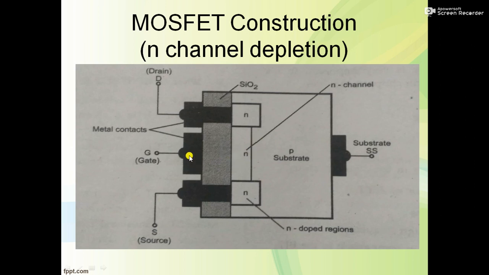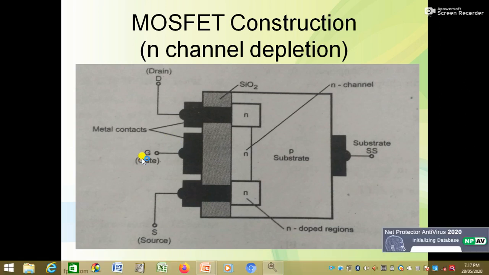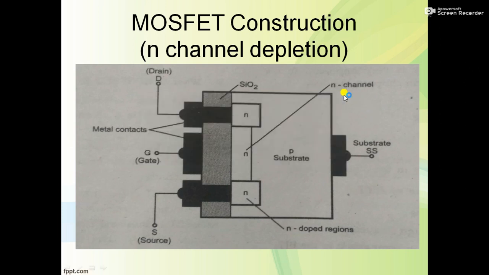One more important terminal of the MOSFET is the gate. This gate is also connected to a metal contact surface in between the drain and source terminals.